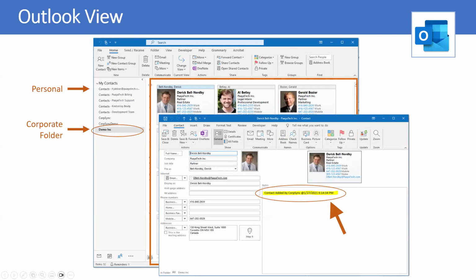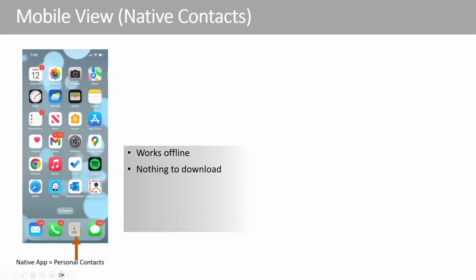On each contact, you can see a note that says when the contact was last updated. When the contact is pushed to Outlook, it will be automatically synced to your mobile device as a native contact. The benefit is that contacts work offline, there is no software to install on your phone, and you can utilize Siri, Google Assistant, and Caller ID because you have the contact.